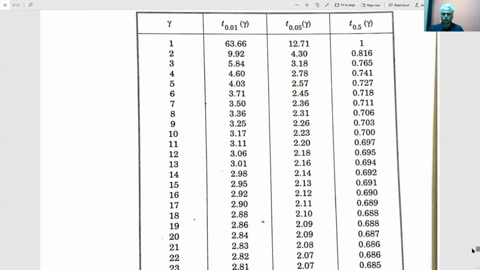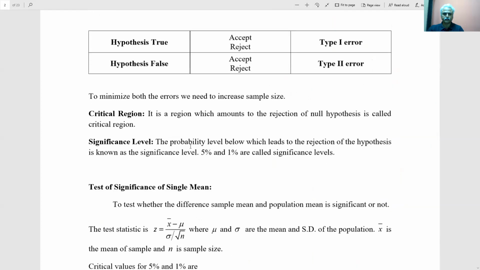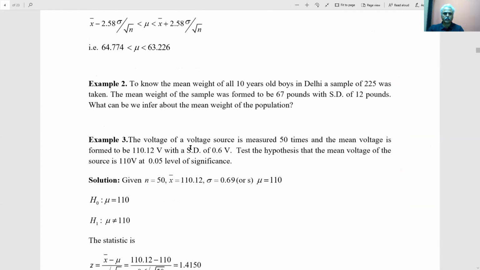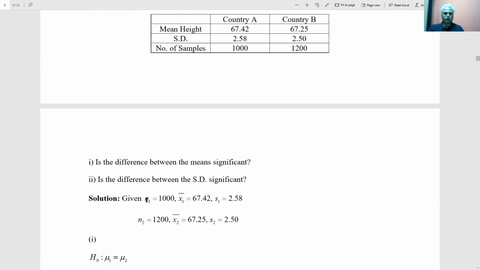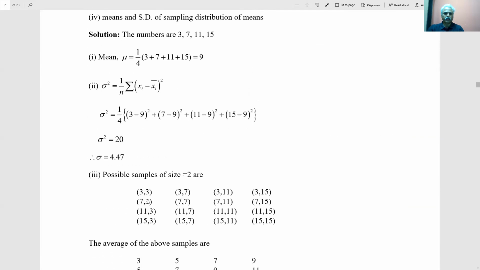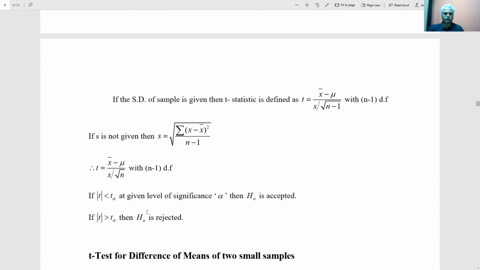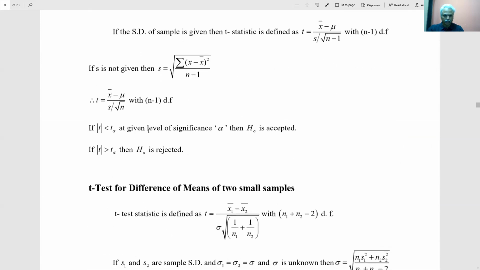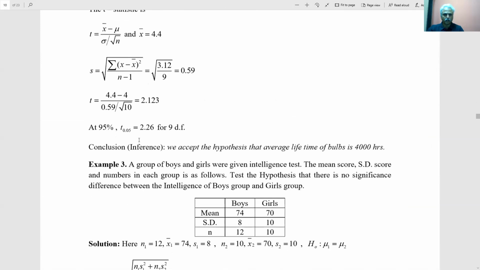We'll go back to that example. The T statistic you have calculated has to be compared with that number, to see whether it is less than 2.26 or not. We got 2.123. If that number is less than 2.26, which is from the table, the hypothesis is accepted.